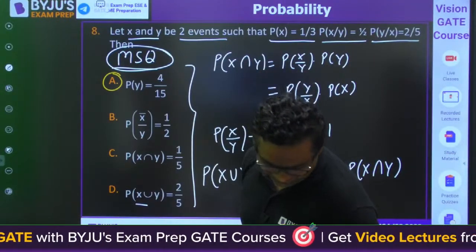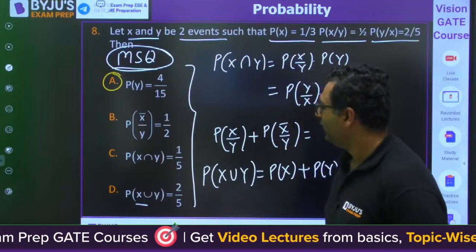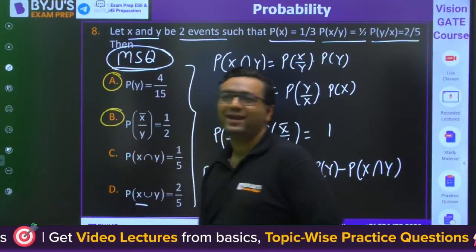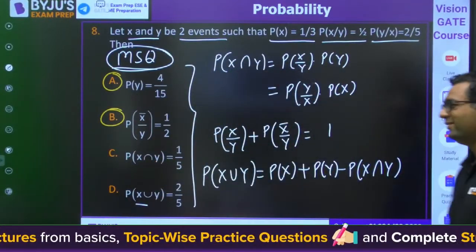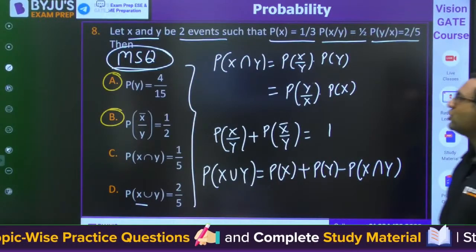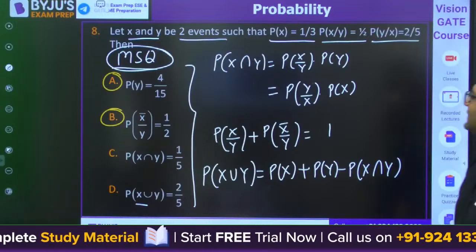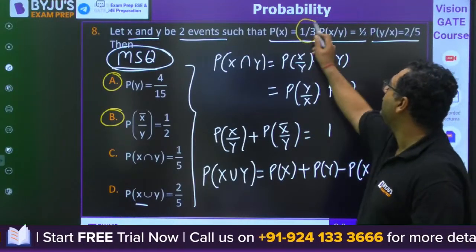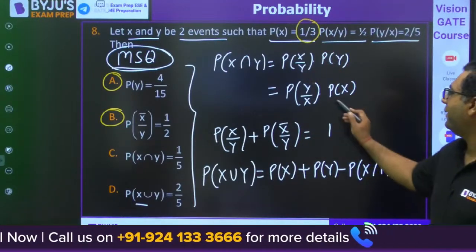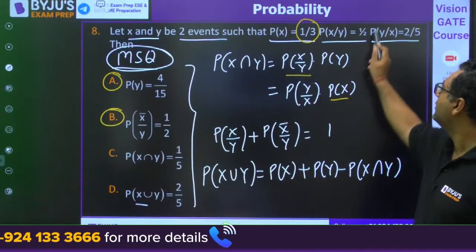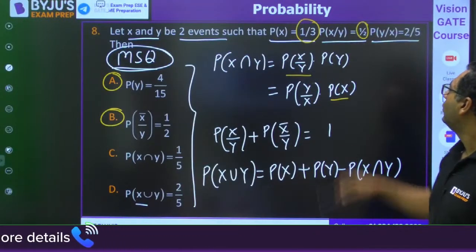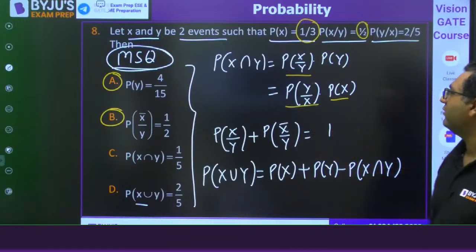Okay, aspirant is saying B is correct. I am saying yes, B is also correct. So probability of X is 1 by 3. X by Y is 1 by 2. Y by X is 2 by 5.